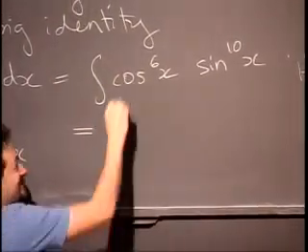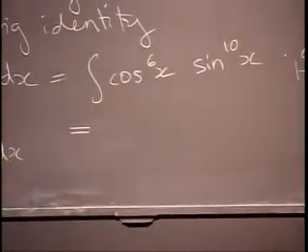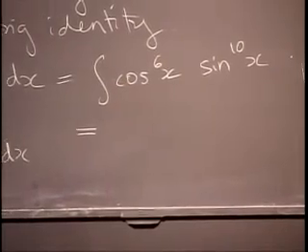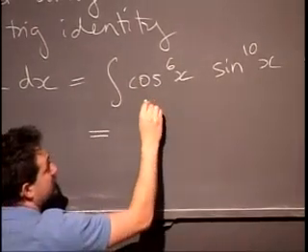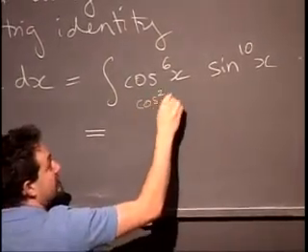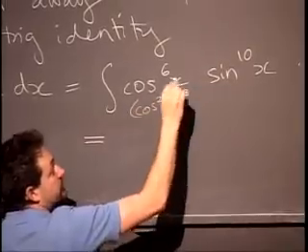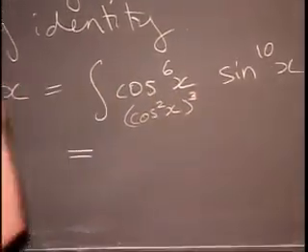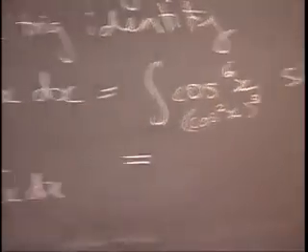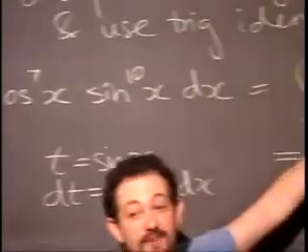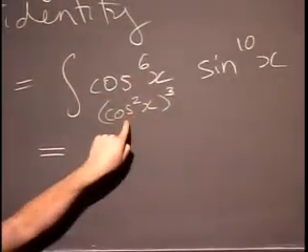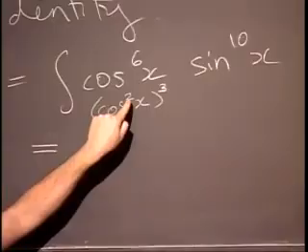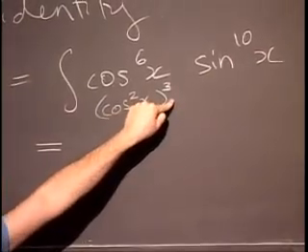However, I've got to change the cosine into a sine. So what I want you to do is think of this as cosine squared x all cubed. Since the 7 was odd, I stole one power away, I get an even power, and that allows me to write it as cosine squared x to some power.